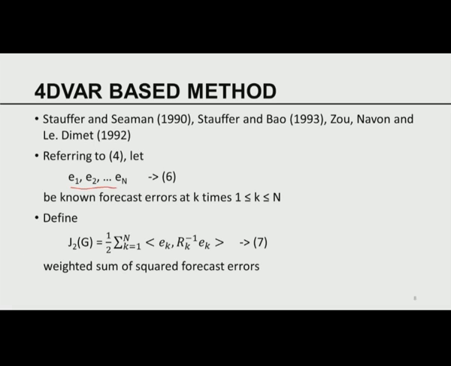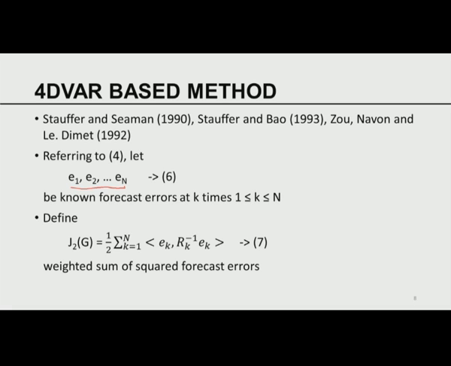let E1, E2 to En be the set of forecast errors created based on the model forecast. So in other words, you can see the 4D-Var-like scheme here.